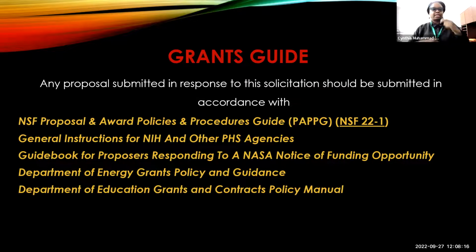NASA also has one that tells you what and how they want everything done. So in the grant guide, that's where they're going to give you details. The program announcement may just mention that they want a biosketch, but the grant guide is going to tell you exactly what sections they want in the biosketch, and all the information that they expect you to use.